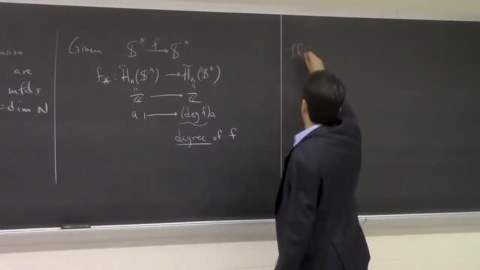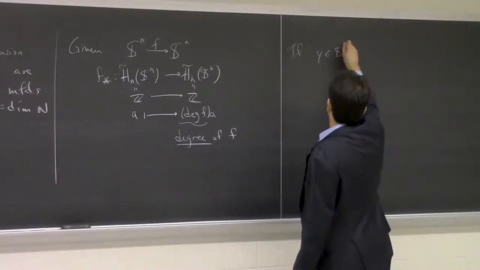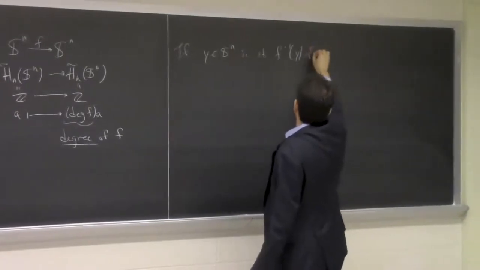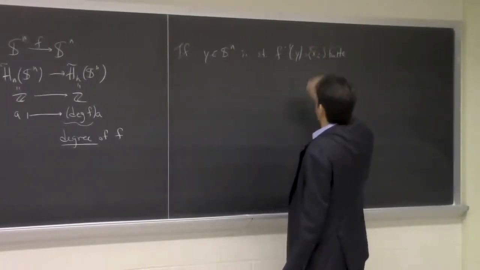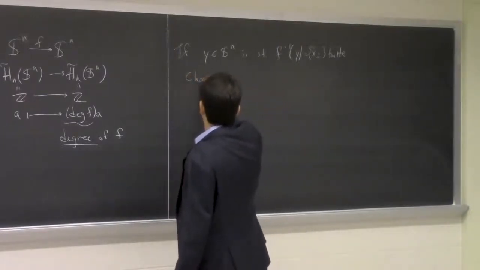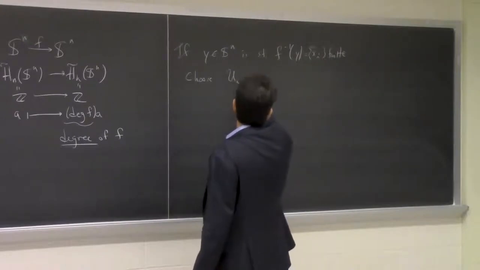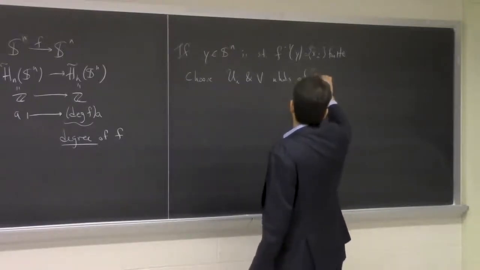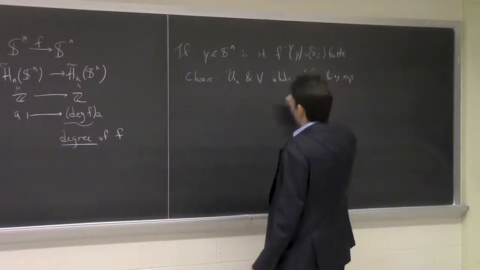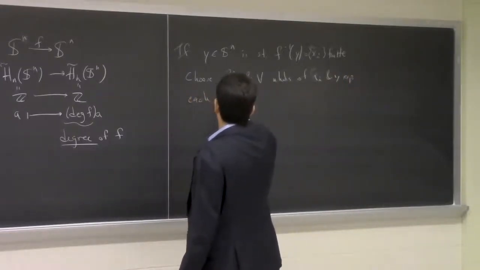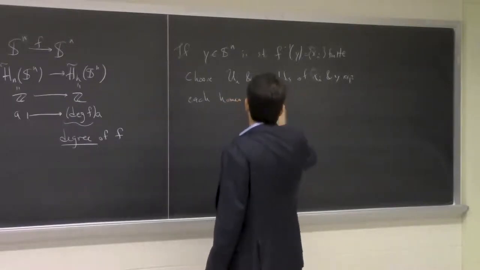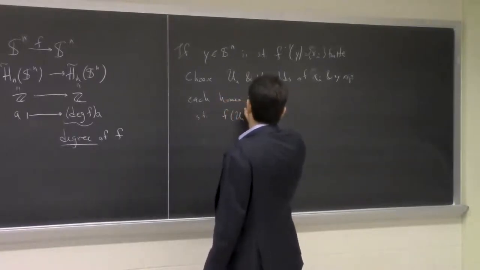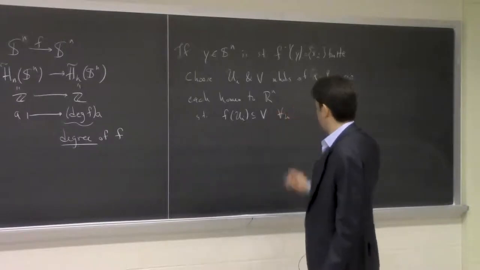So if you have the good fortune to find a point in S^n whose inverse image is finite, then you choose U_i and V neighborhoods of the x_i and y respectively, each homeomorphic to R^n, and such that f of U_i lands inside V, right?